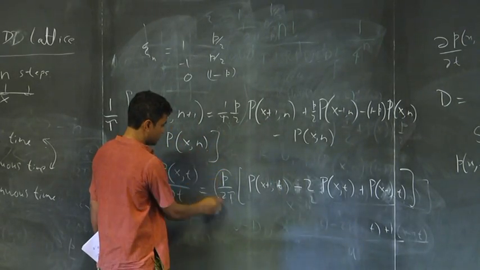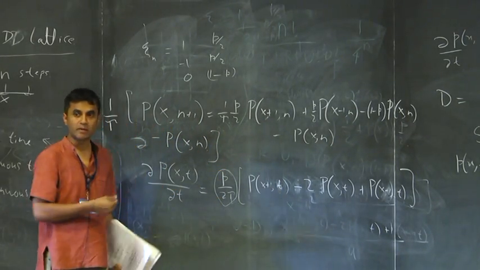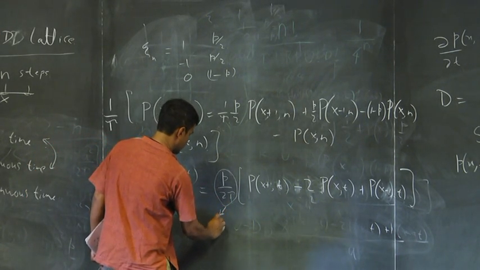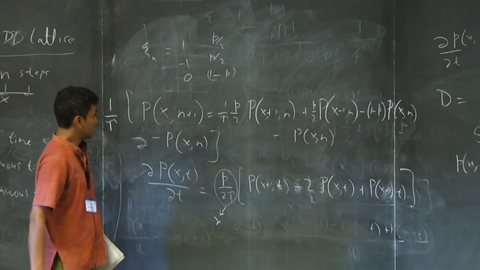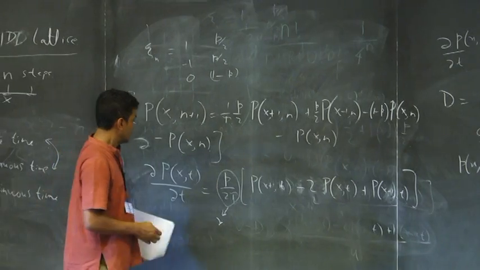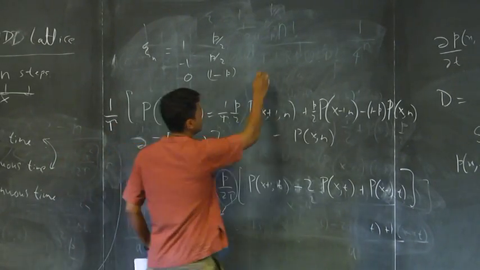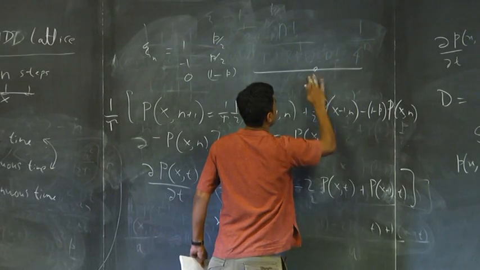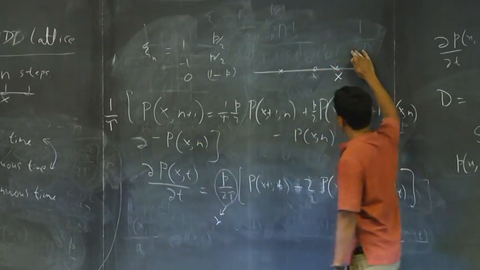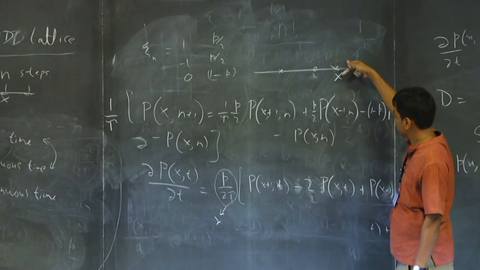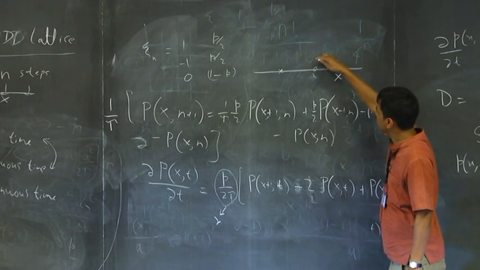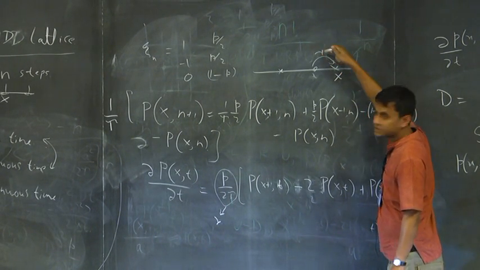Okay, and this object p by 2 tau, it's a rate, right, 1 by time. So this is a probability divided by time, so that's just a rate. So this we'll call rate. Okay, and so basically what this equation tells you is that I have this discrete lattice, and supposing I am at some point x, there is a rate at which you gain probability at this site because of things coming in with some rate r.